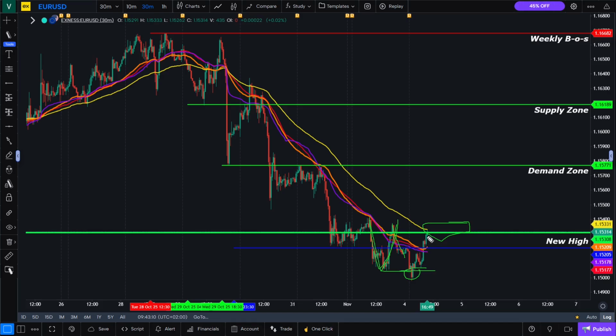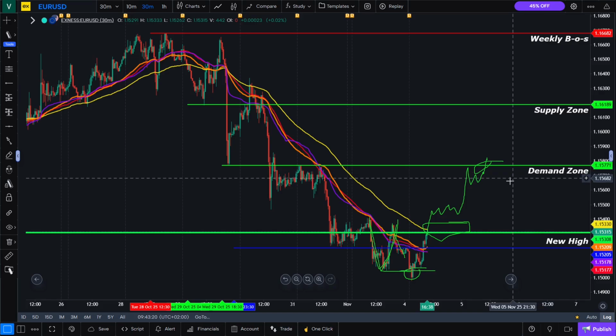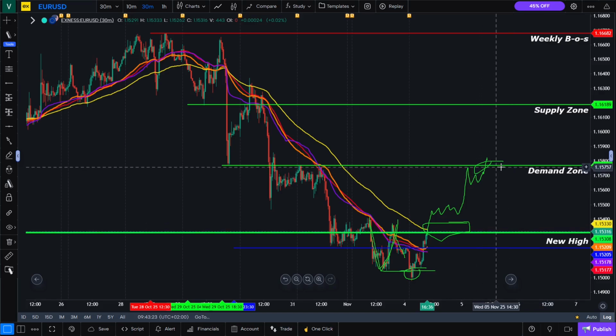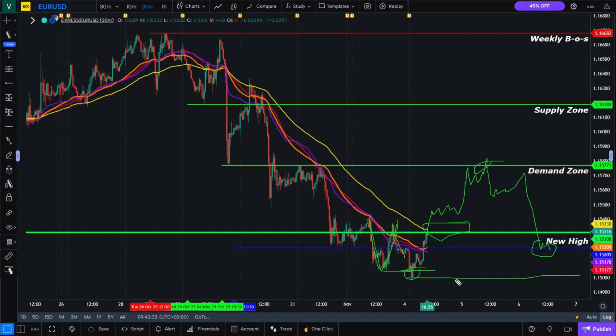So what I would like to see happen today is continuation to this supply zone, of course, and after this continuation to the supply zone, this would be a perfect place for us to look for selling opportunities to the downside to take out structure either right here or to make the new low on this week.